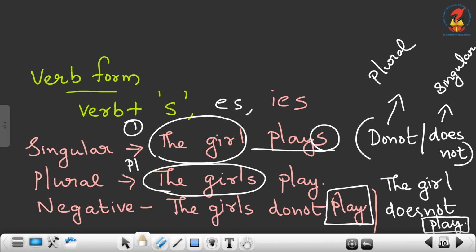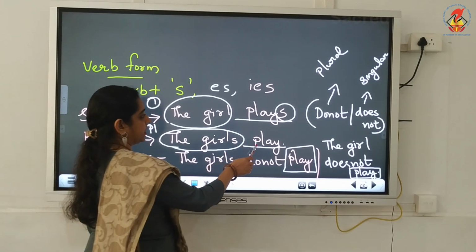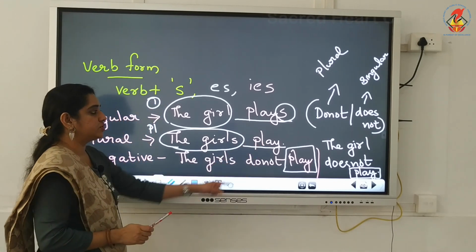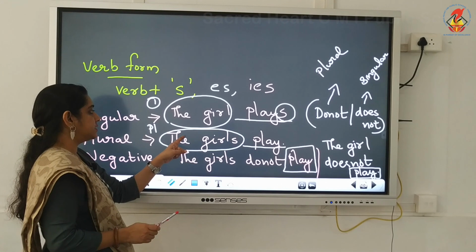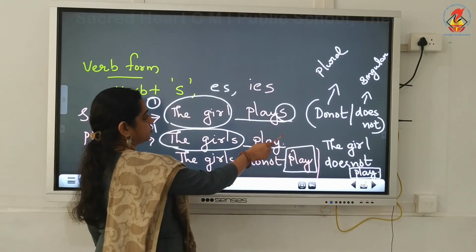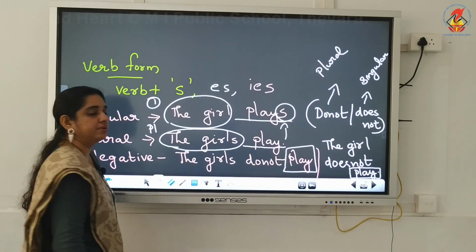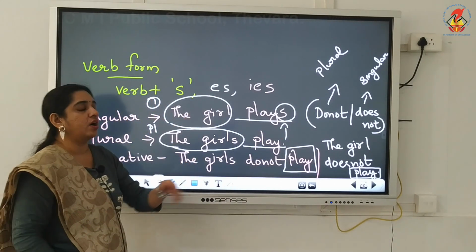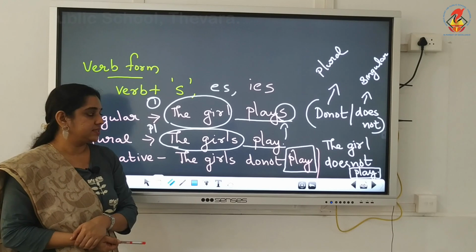So for the girls, you can use the original form of the verb, the bare form, the root form of the verb. So here play. I have used play here because this is plural. If this is singular, I have to add one S with the verb. This is the basic rule of simple present tense.